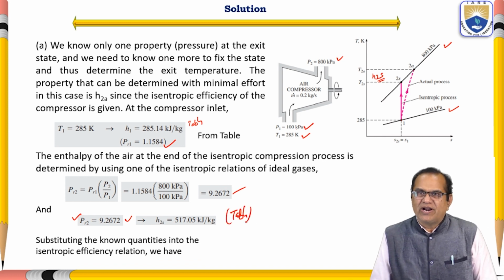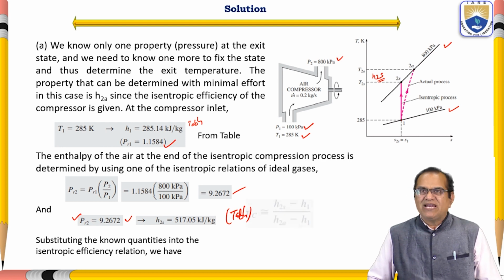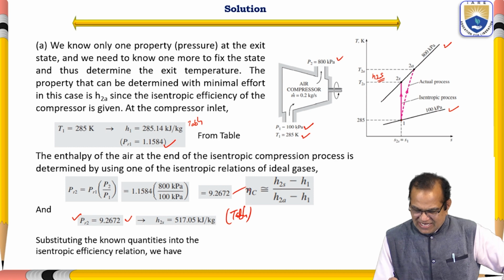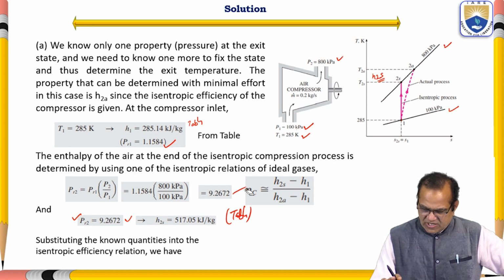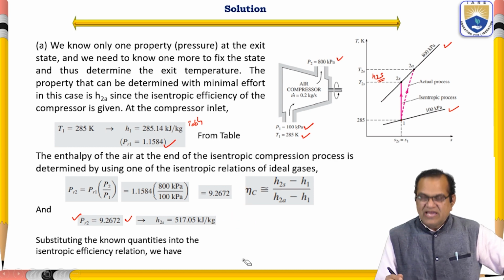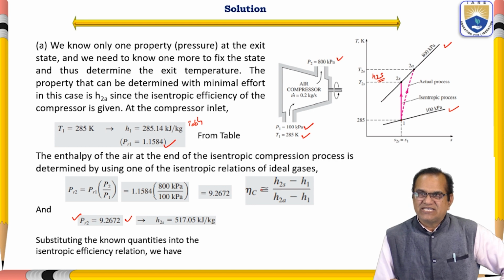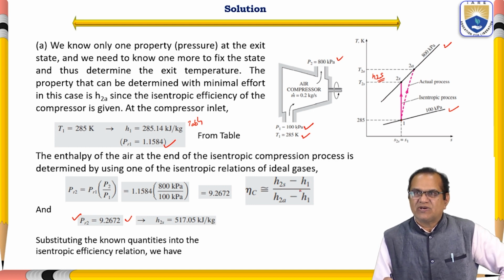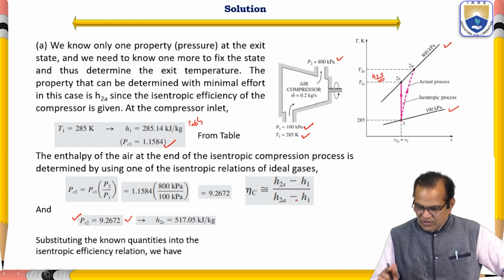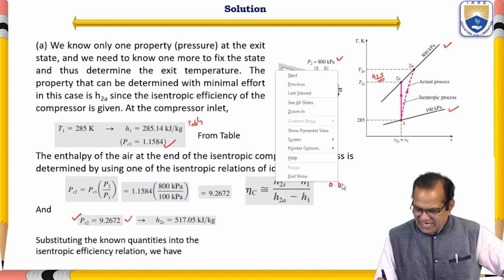Substituting the known quantities into the isentropic efficiency relation, we know that efficiency eta C is equal to (H2s minus H1) divided by (H2a minus H1). So here we know this is 0.8.